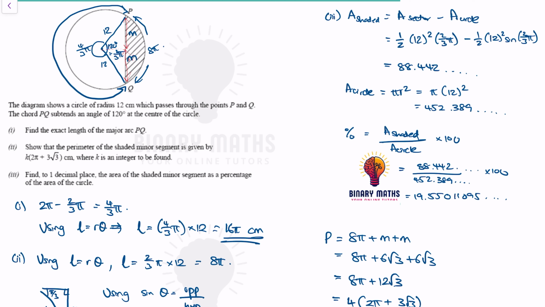If I'm doing it to one decimal place, I end up getting 19.6. And because it was a percentage, 19.6%. Okay, and that would be it.